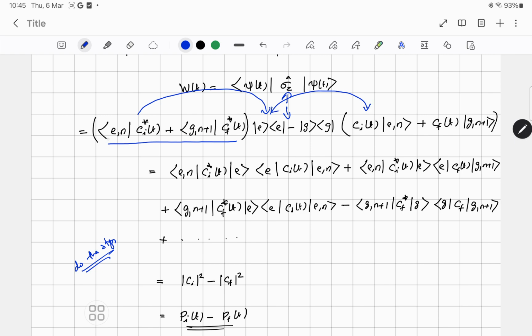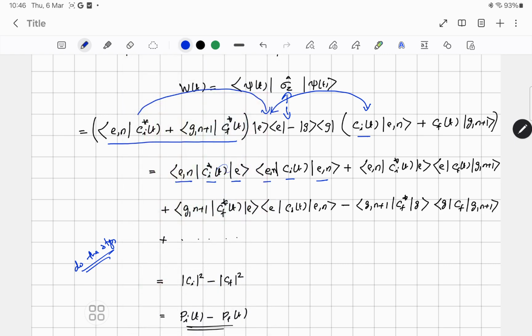That would be bra En, then Ci star, then bra E, ket E, then Ci of t ket En. That is one term we have. Now Ci star is just a number, so I can take it outside, and Ci of t is just a complex number that can also be taken outside the inner product.